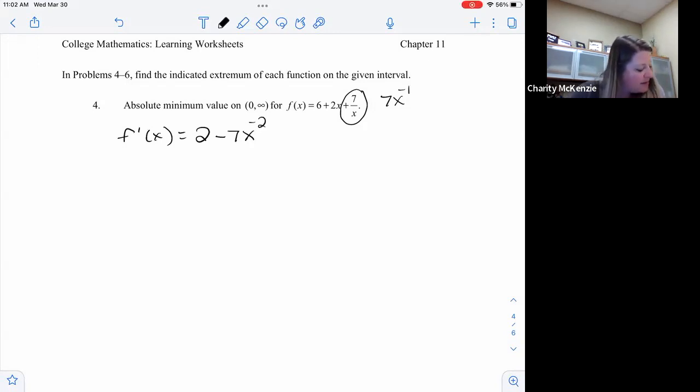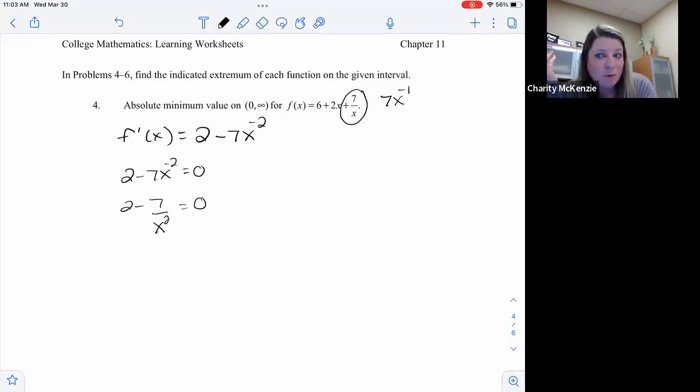Okay, then where does this equal 0? I think we might want to look at this like this. That might come over a little easier for you. It's hard to think about how would I get rid of a negative 2. You can't take a negative 2 root, so it's a little weird.